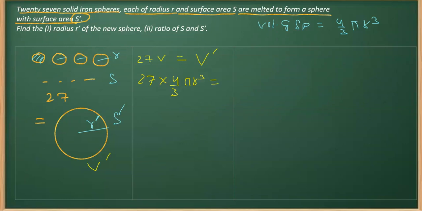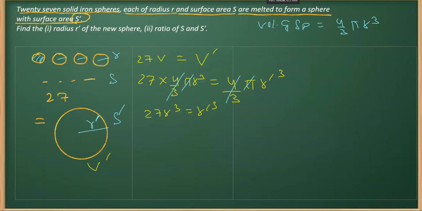And for this large sphere, its volume will be taken as 4 by 3 pi r dash cube. Let's understand why r dash: because that large sphere has its radius as r dash. We can cancel these. 4 by 3 and 4 by 3 get cancelled. Pi and pi get cancelled. So 27 r cube should be equal to r dash whole cube.